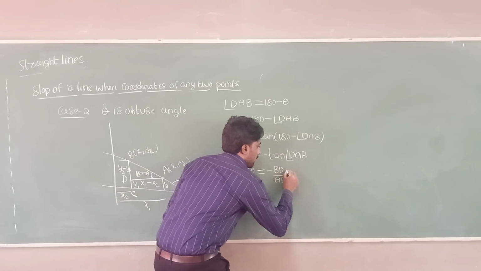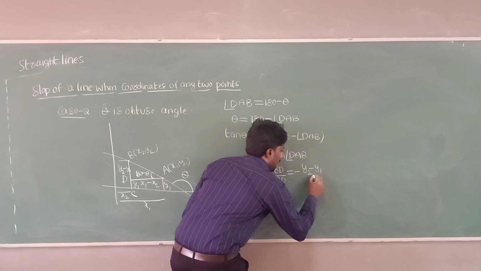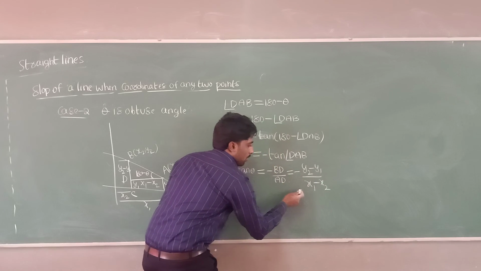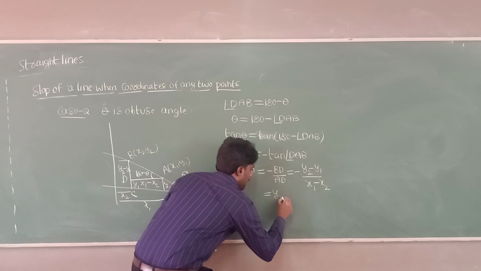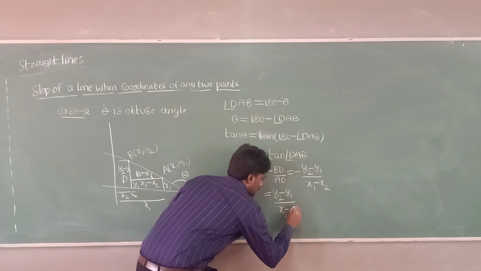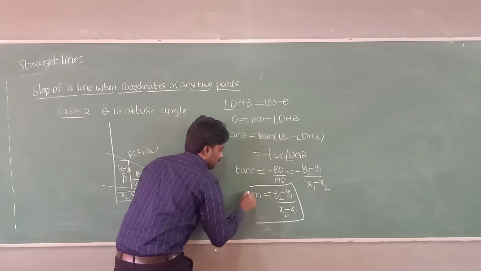Substituting, minus of y2 minus y1 by x1 minus x2. If I multiply this minus into the denominator, finally I get y2 minus y1 by x2 minus x1, which equals the slope of the line.